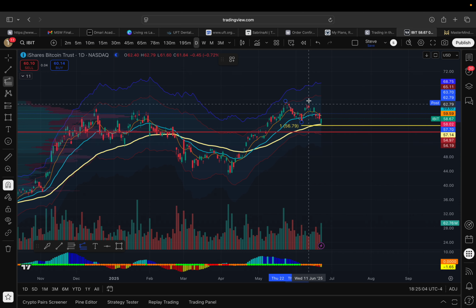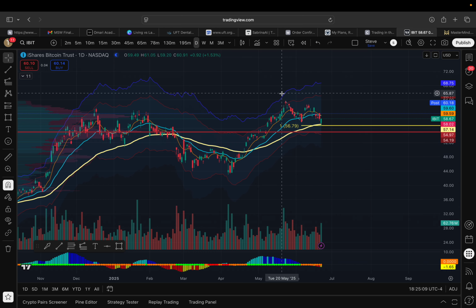Just by placing that one level, we have 100% symmetry retracement coming in at 56.79. This level alone is powerful enough to take a position off of.